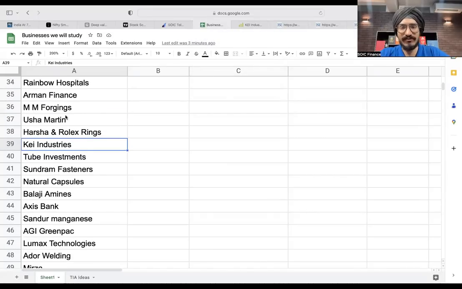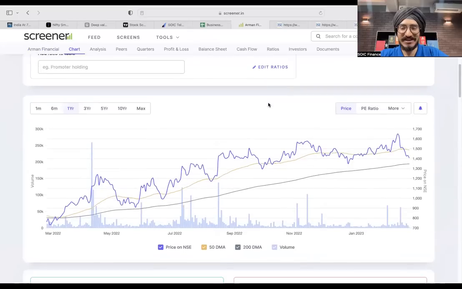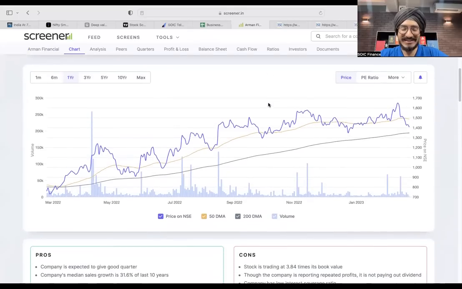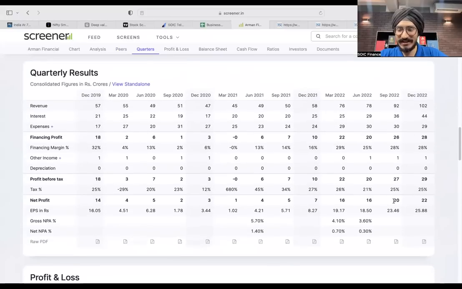So Arman Finance's result that came, I think this time they also reported very strong growth, but the stock has gone down on low volumes and so on, right? This quarter they again reported around 20 to 22 crores, quarter on quarter 10% PAT growth, whereas yearly the PAT went from 7 crores to 22 crores, which is like a 270% growth. What was the risk factor here?